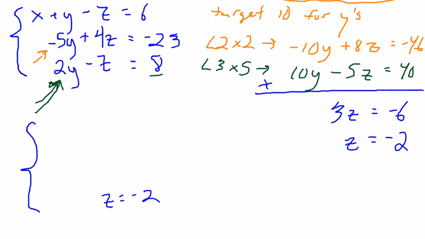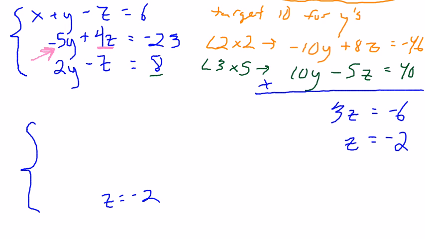Now let me erase some of this stuff. I'm going to plug Z equal to negative 2 into this equation right here, and then notice the only variable I have in that equation is y, and I can solve for y. So I'll show that work.